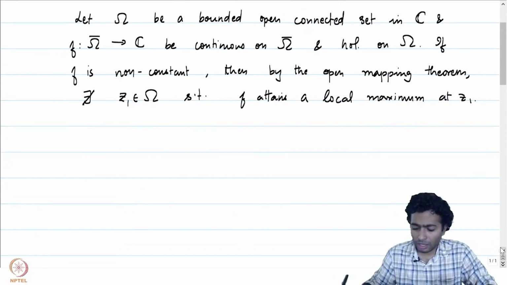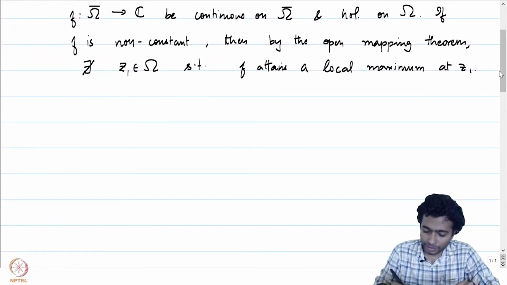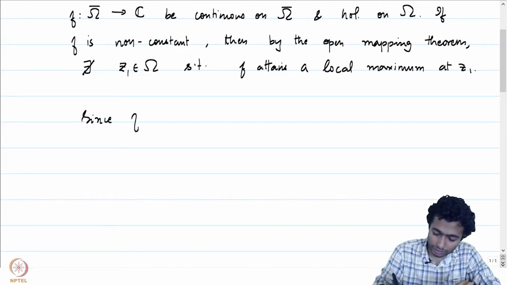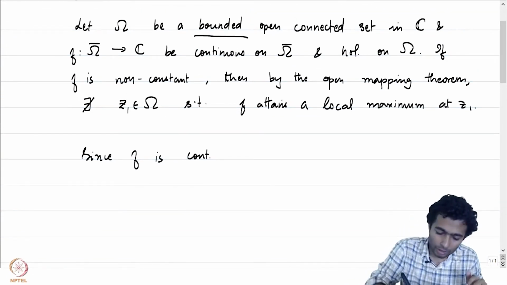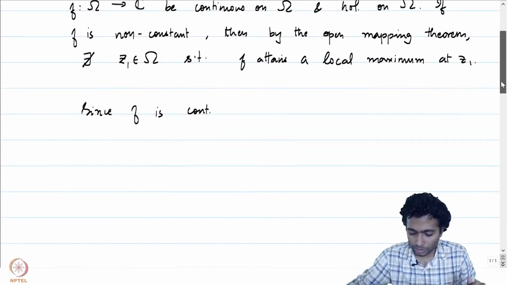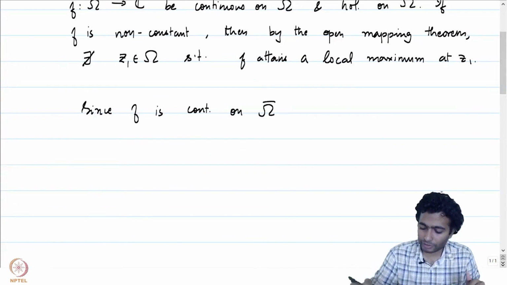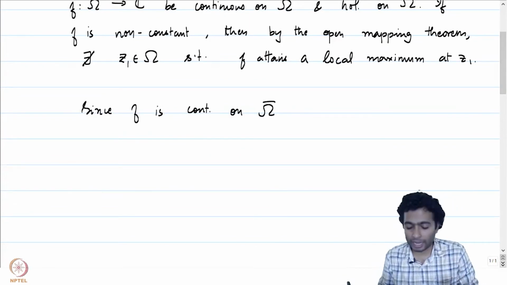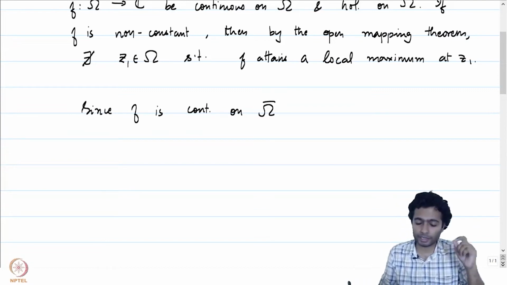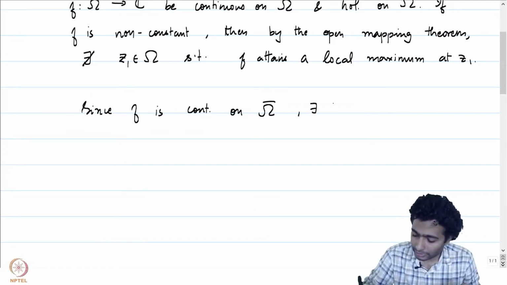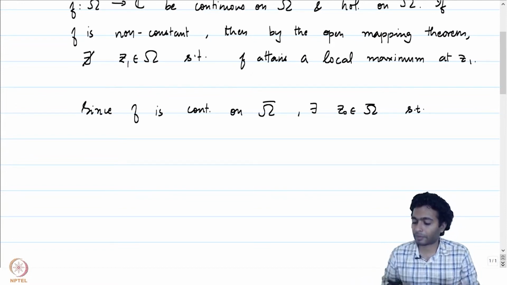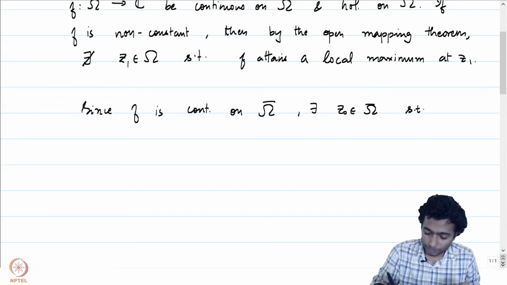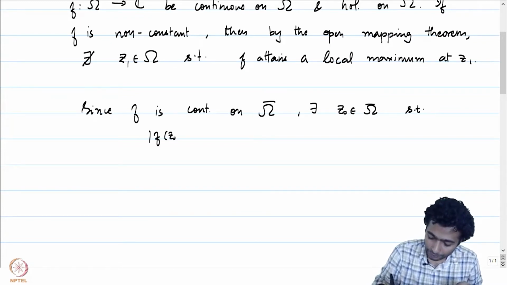However, since f is continuous on omega bar and omega is bounded, I have put that assumption here, omega bar is going to be a closed bounded set, which by the Heine-Borel theorem is compact. Since omega bar is compact and f is continuous, there exists z0 in omega bar such that the supremum of |f(z)| over z in omega bar is attained at the point z0.